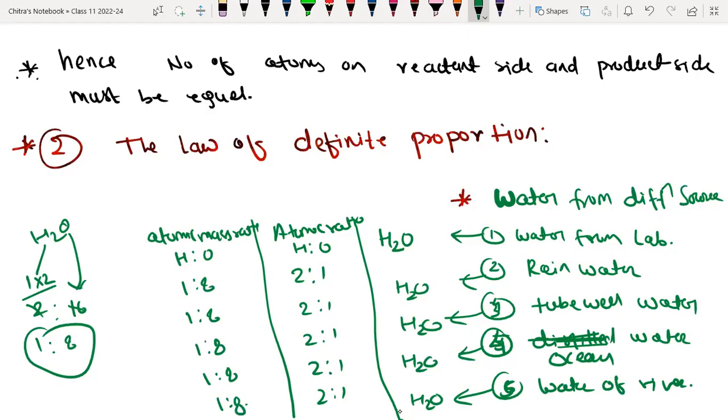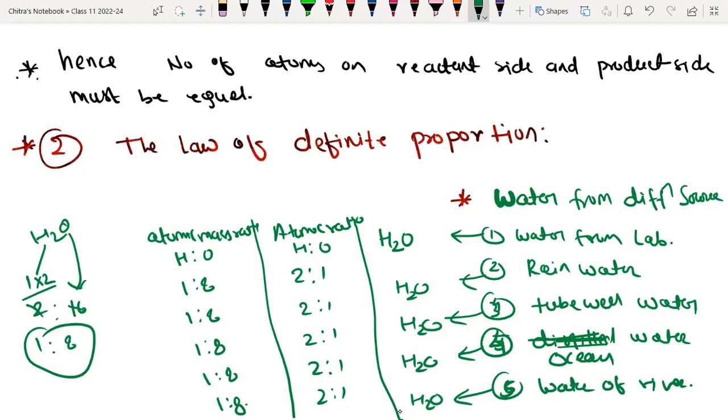Yes, sir. That means whenever we are getting them, they are exactly in the definite proportion from different samples of the same compound.